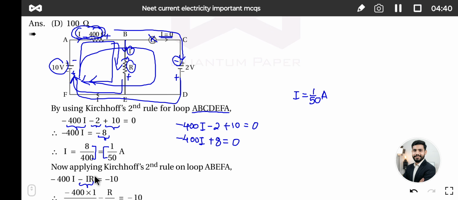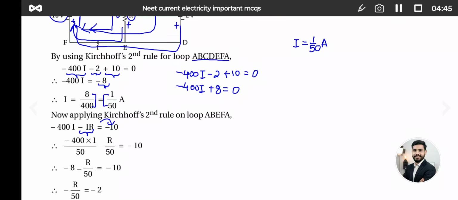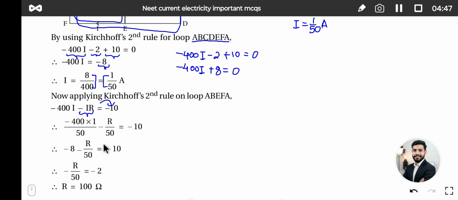So plus 10. If we take this plus 10 to this side, it becomes minus 10. So if we solve this equation, minus 400 I minus IR is equal to minus 10.